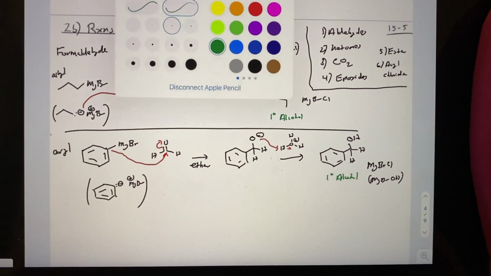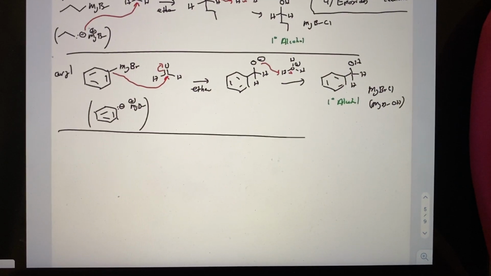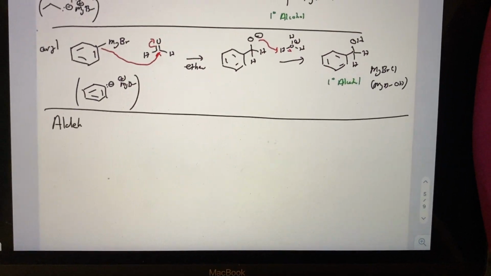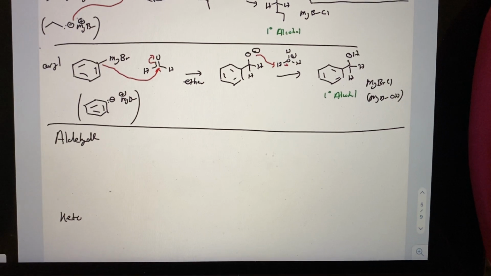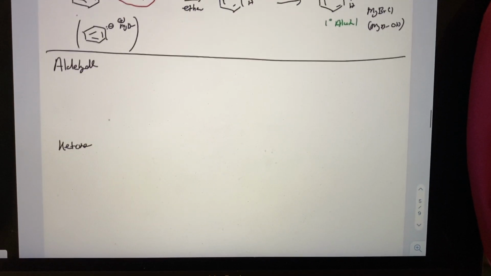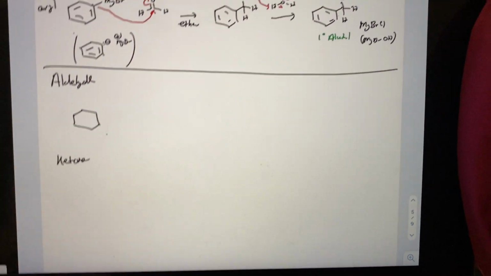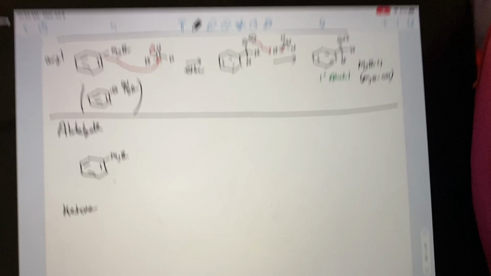Not to belabor the point too much, let's consider an aldehyde or a ketone. Let's scroll this up further. Let's use the same benzene Grignard reagent that we had made.